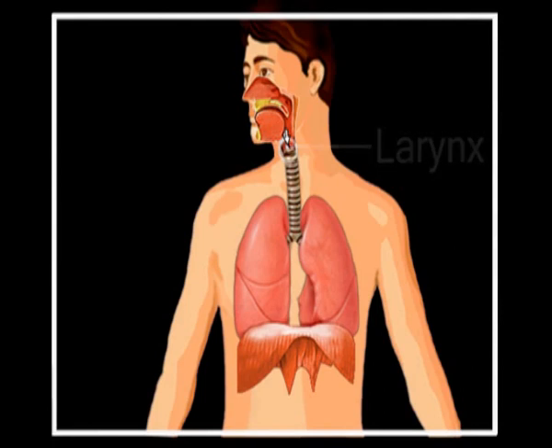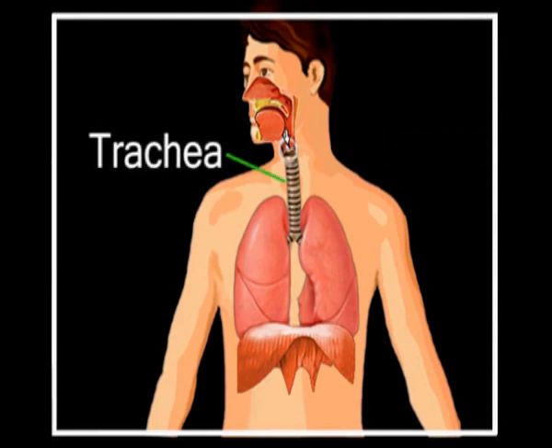Next part of the respiratory tract is the trachea. The larynx is followed by the trachea. It is a tube-like structure which is 11 cm in length and 2.5 cm in diameter. The trachea is also called the windpipe.